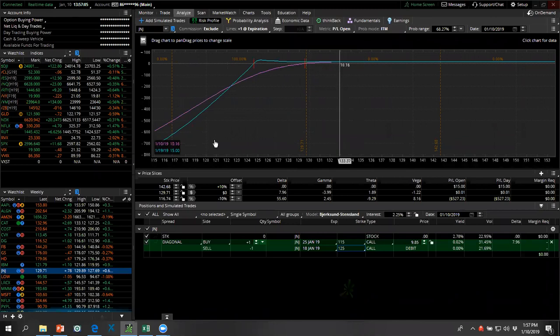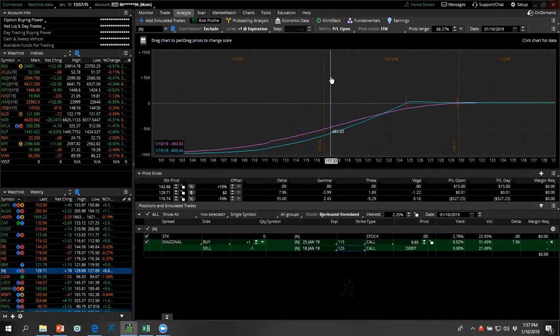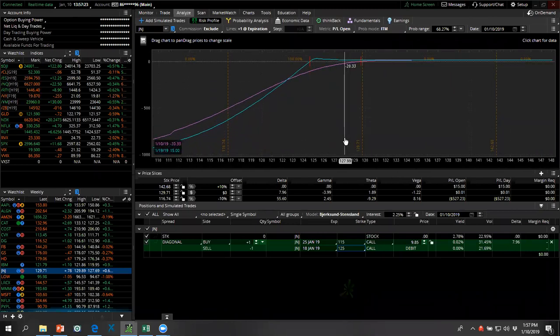But the other main part of this answer is, what is the expected return? Let's say this trade had a 99% win rate and a 1% loss rate, and that 1% loss was all $985, not something that you managed to $300 or $400. Would it be worth it? Well, let me get my calculator here.